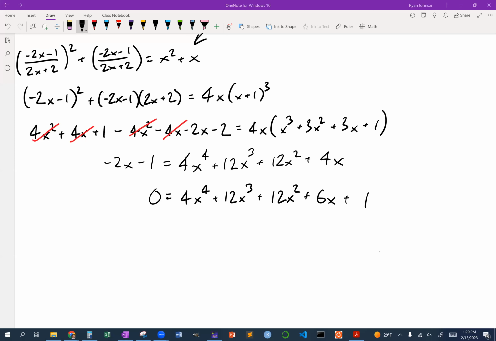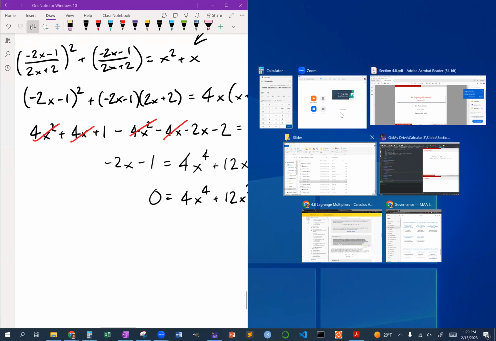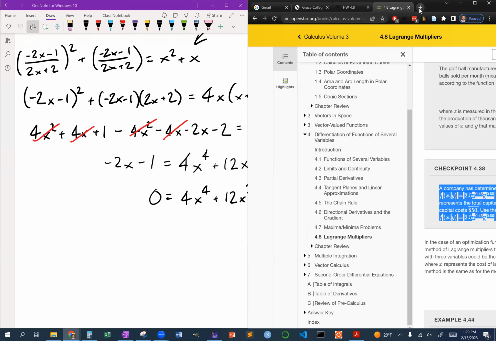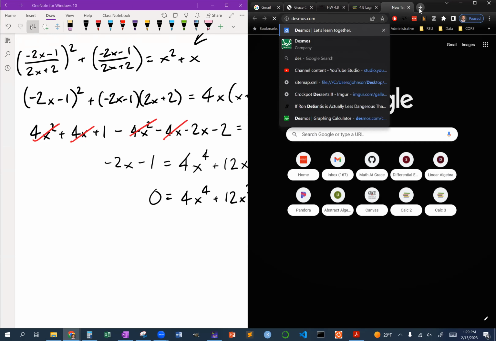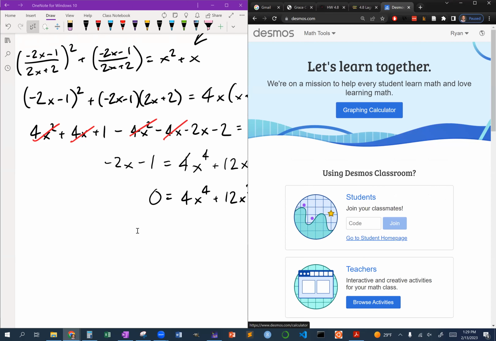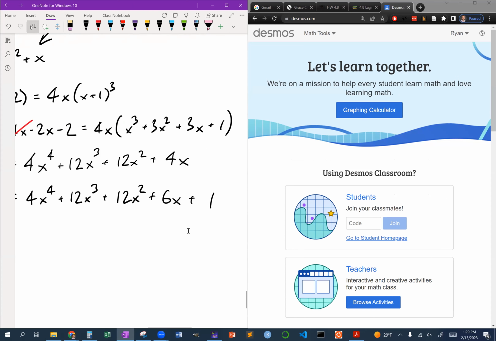I think I'm going to need to do a two-screen scenario here, and need to use the internet. And here we go into Desmos. Okay, start graphing.